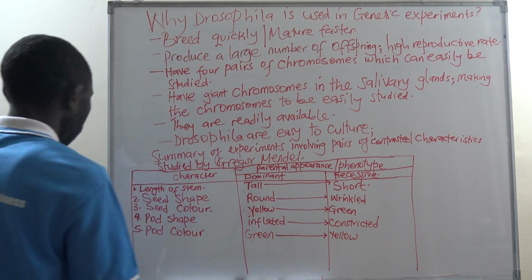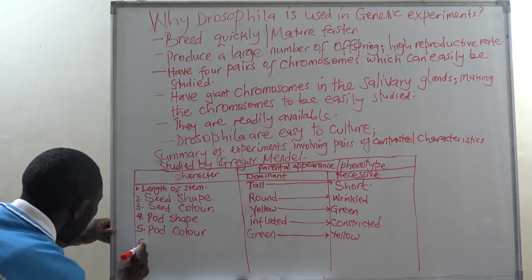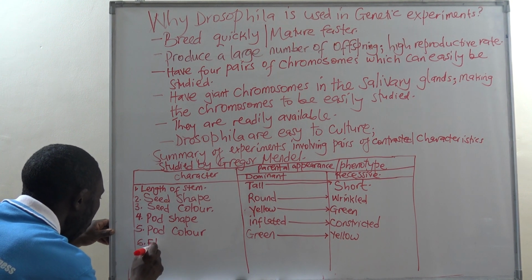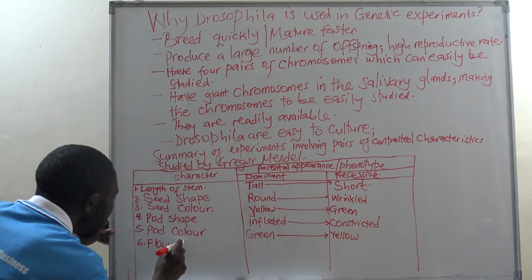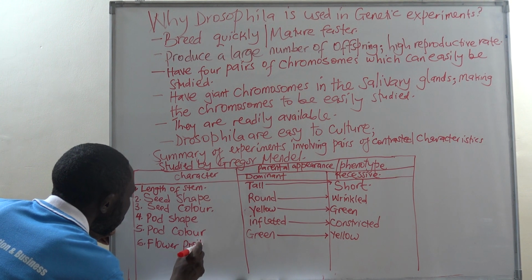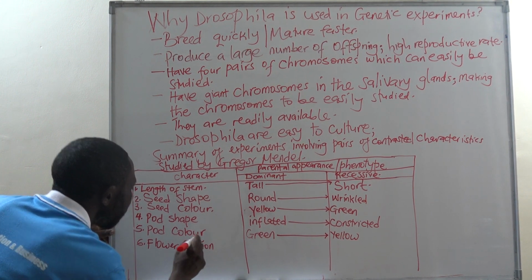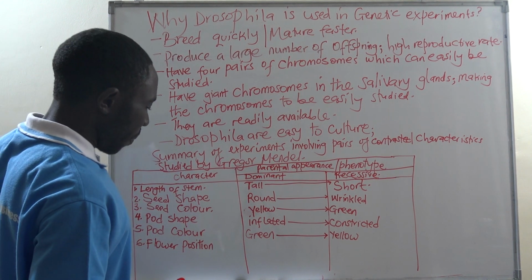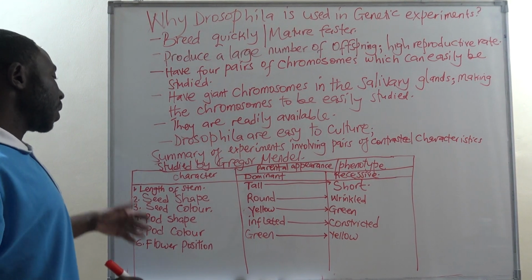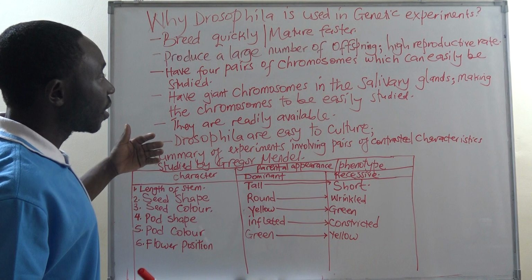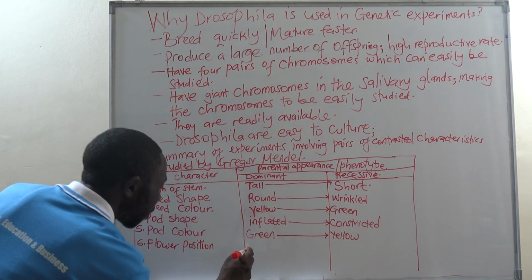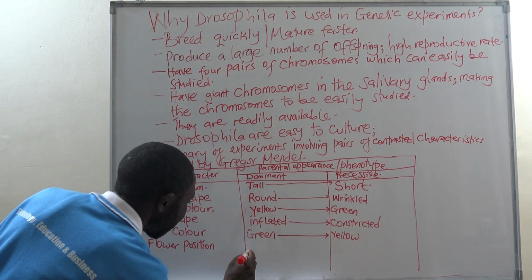Then 6, we have flower position. The position of the flower on a plant. Of course here, Mendel used the peas. Now, a flower could be terminal, that is the dominant character.